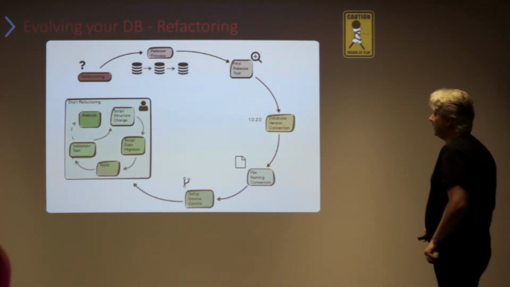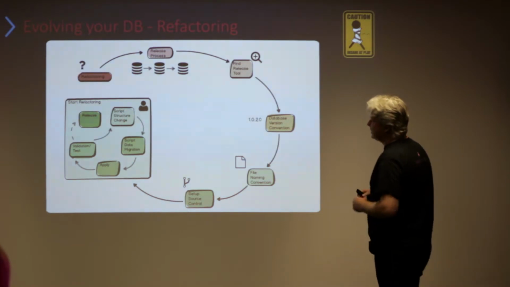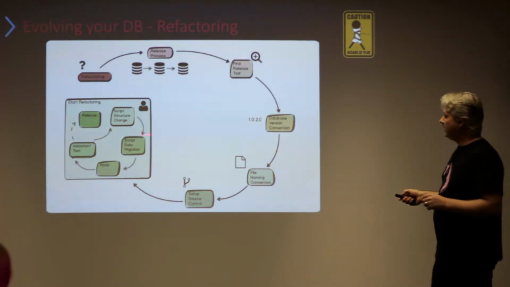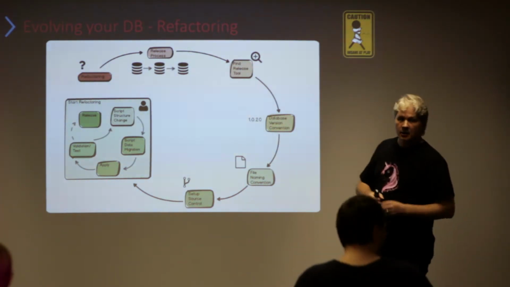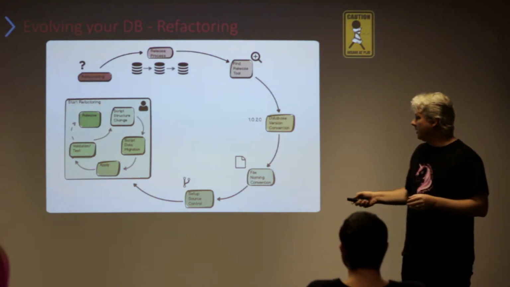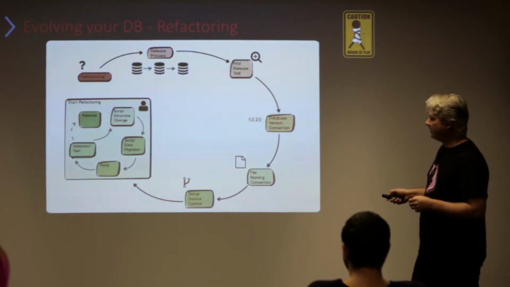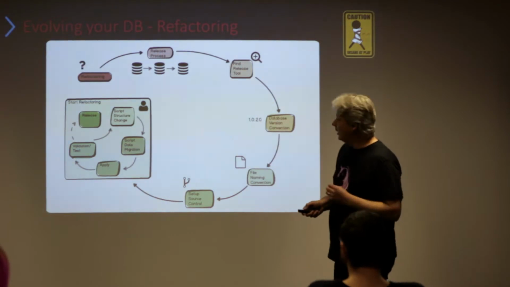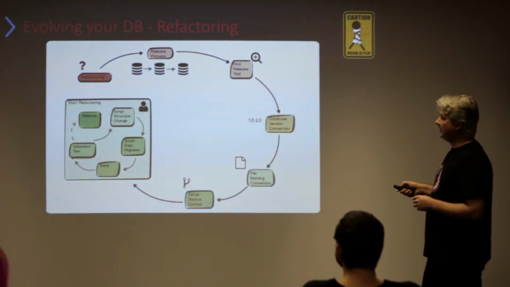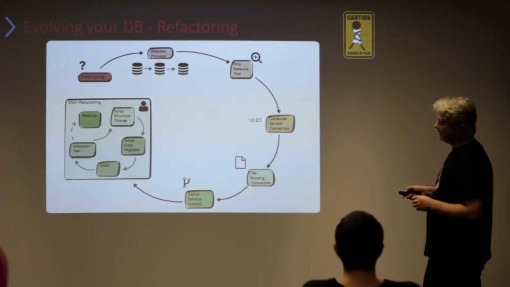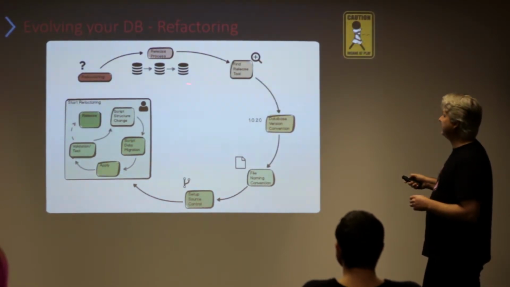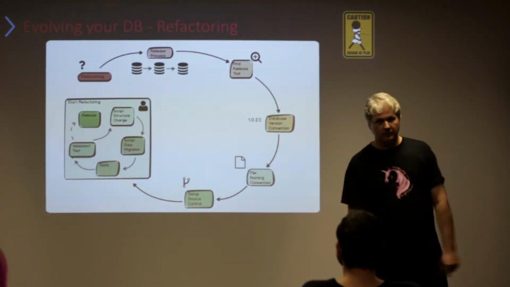The refactoring process is a little different. We start with a script that changes the structure of the database, introduce a column, rename the table, and then we create a script that migrates the data, moves the data from this column to that column, or moves the data from this table to that table, and then we can apply it to our system, validate that it's applied using some form of unit test, or just validating that the structure is what you expect it to be, and then we start the process again of structural change, data migration, apply, test, and we just carry on the cycle until we're ready to release, and then pop through the release cycle, the release process, and get these things out into production.